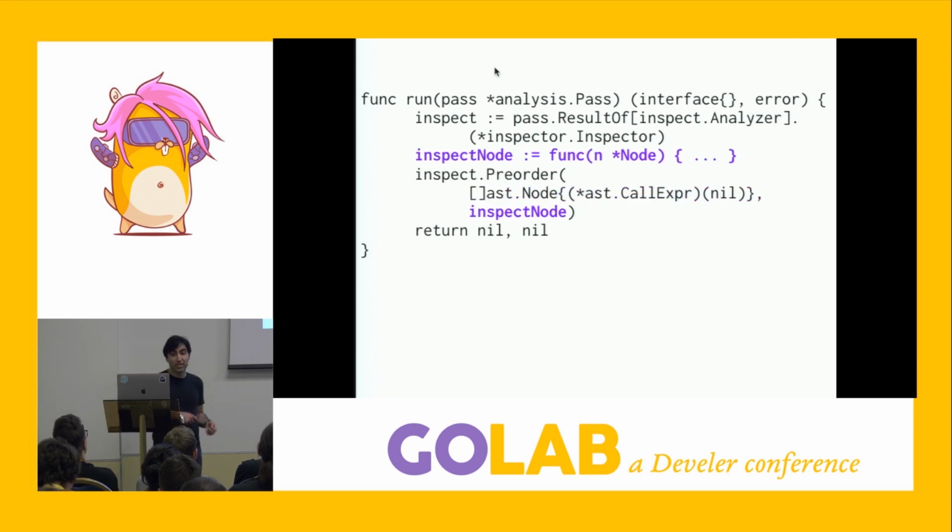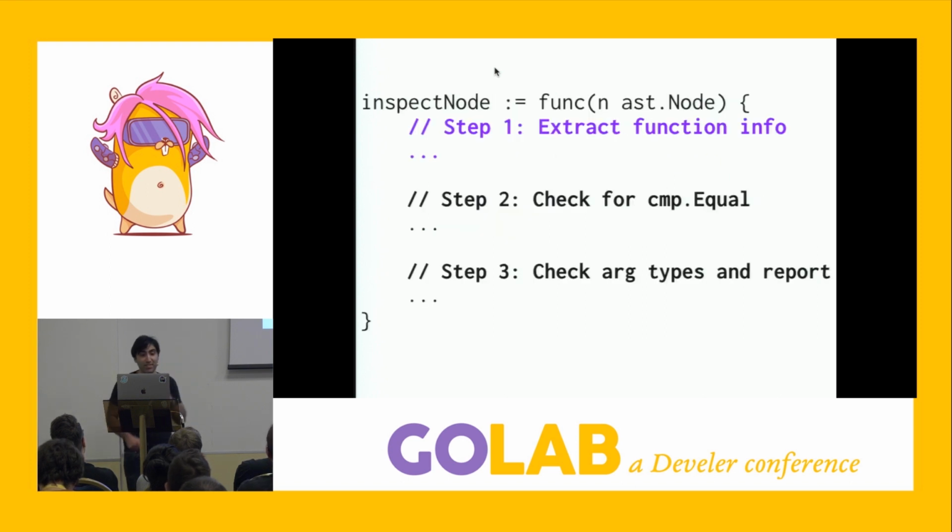And for all of those, we're going to call inspect node. And inspect node will get all those call expressions and actually do the work of determining whether it's a call to comp equal where the argument types don't match and reporting a diagnostic. So all the main work is going to be done in there. So let's look at the implementation of inspect node.